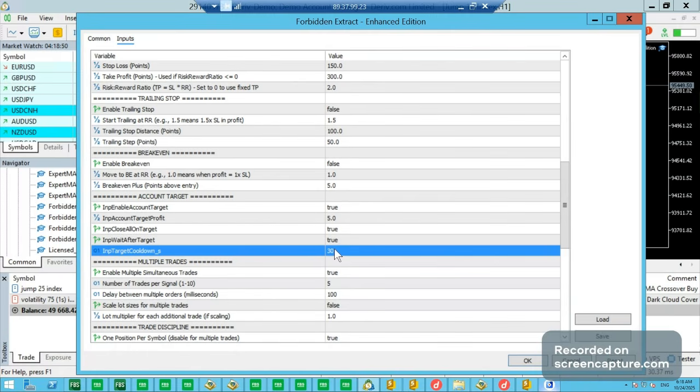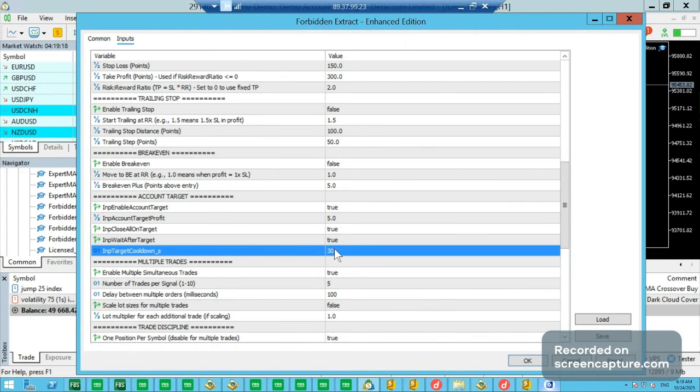So if another signal pops up within those 30 seconds, the EA will not pick that signal. Immediately after the target hits, the EA will wait for 30 seconds to ensure that the market stabilizes before it executes another trade. So that's the function of that one.